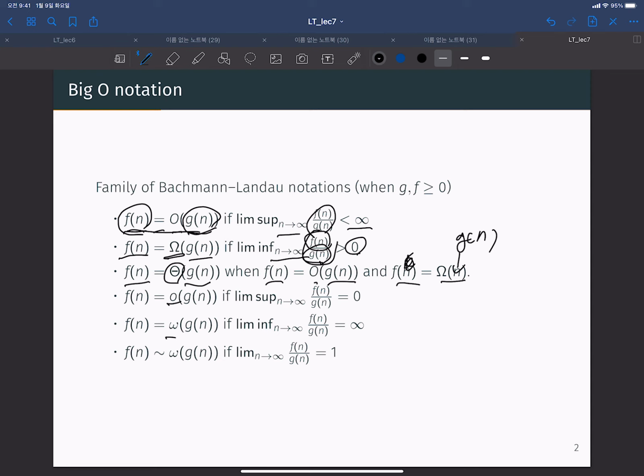Small o and small omega are the extreme cases of big O and big omega, which means the limit of f(n) over g(n) goes to 0.